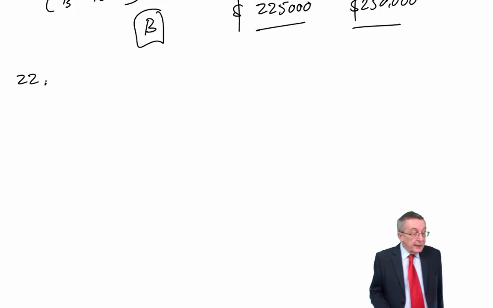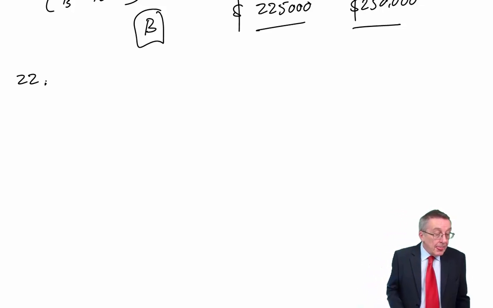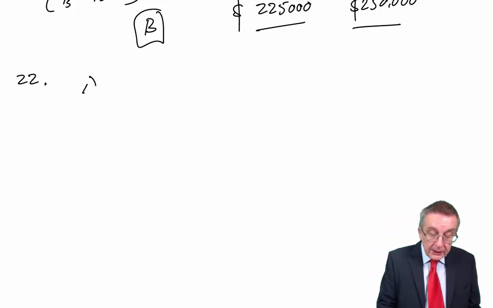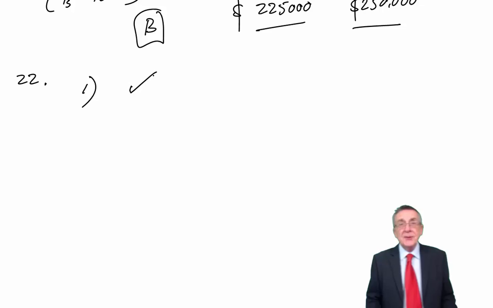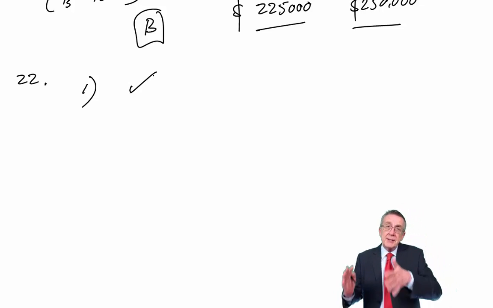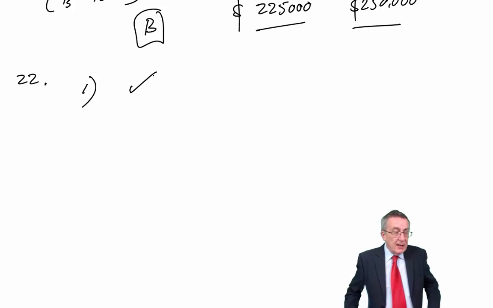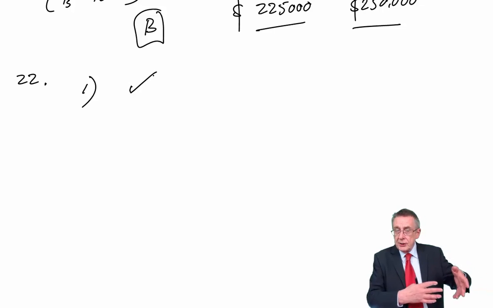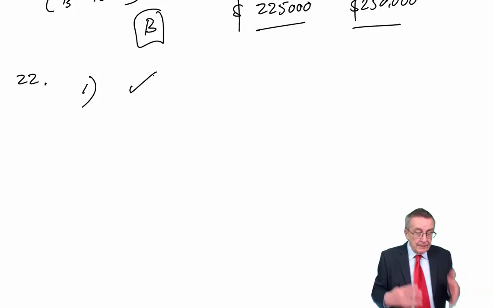Which of the following should appear in a company's statement of changes in equity? Number 1, total comprehensive income. Yes, it's split between the profit for the year, which increases the retained earnings, and any surplus on revaluation, which changes the revaluation reserve. So it will appear.